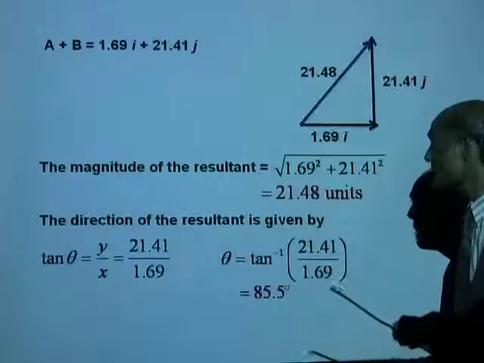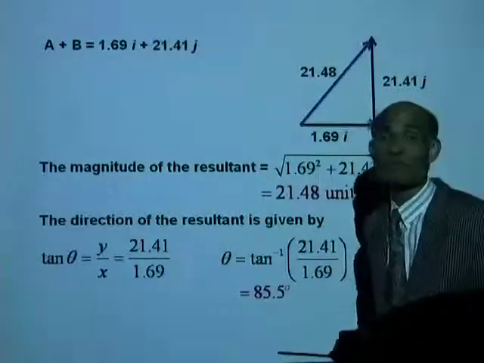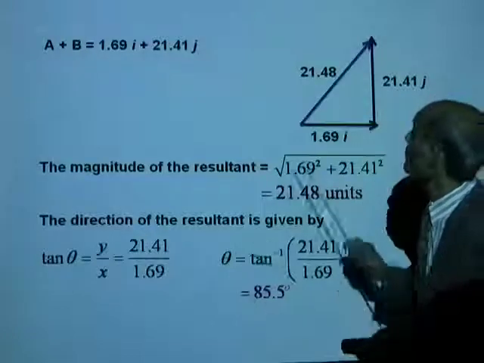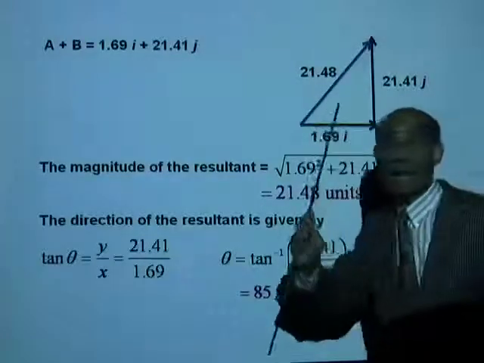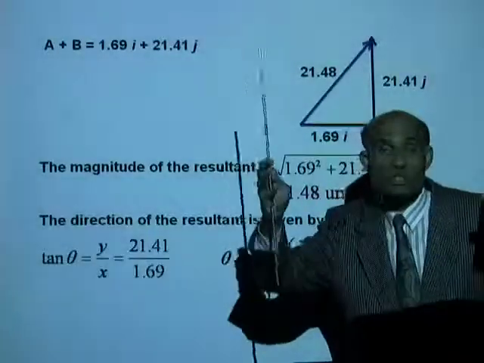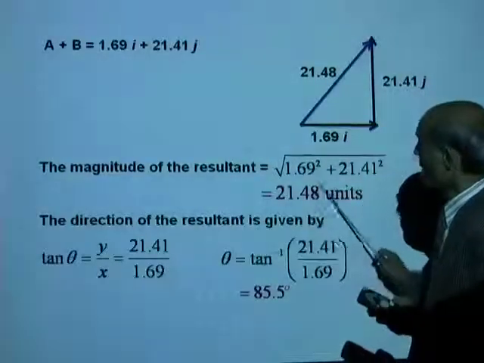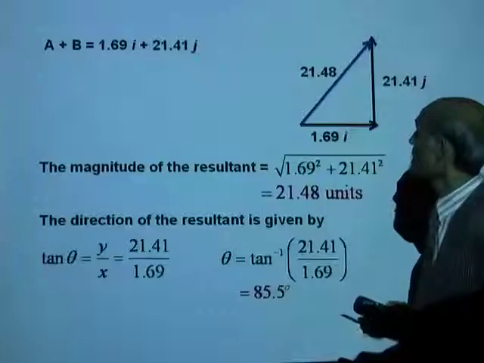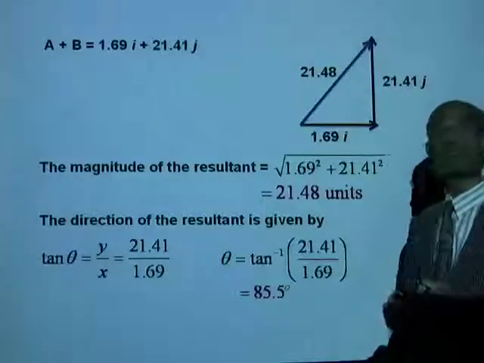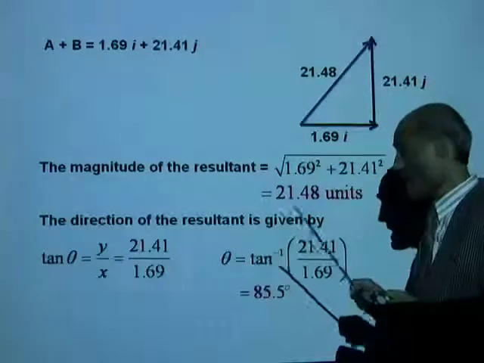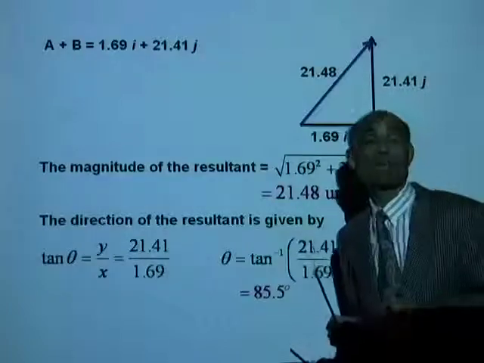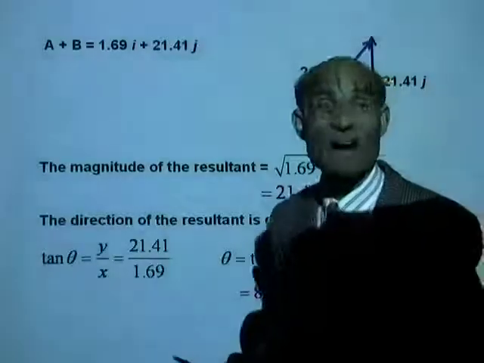That is 85.5 degrees. So the result of adding those initial two vectors is a single vector that has a magnitude of 21.48 units and an angle 85.5 degrees.